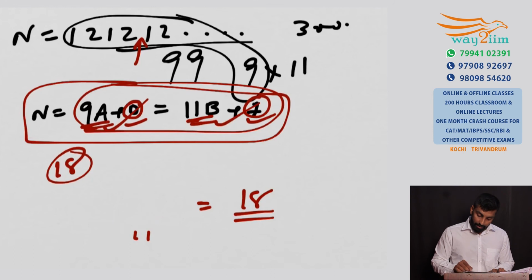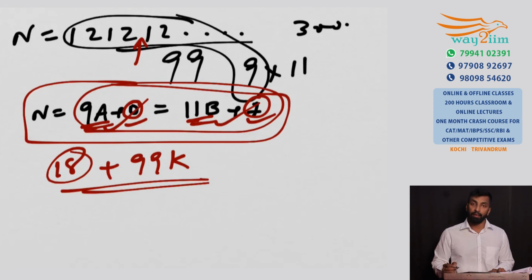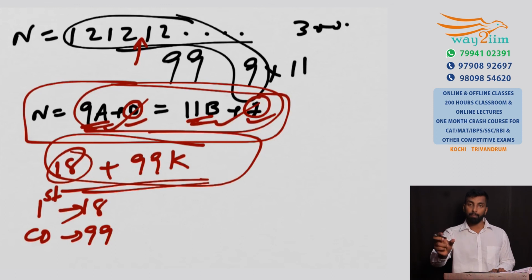Now what is the logic? The logic is what I have explained, right? This is going to make an AP with 18 plus 99k. So you have a first term of 18 and a common difference of 99. You're going to get an AP, right? So any term you pick from the AP and divide by the common difference, the remainders will be the same.